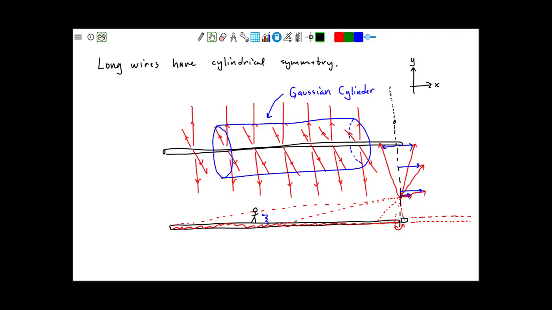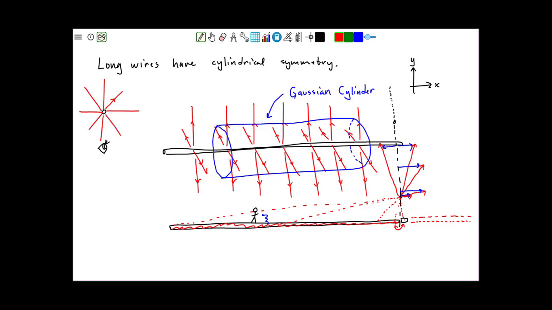So let's observe that cylindrical symmetry by looking from one end of the charge. If we are looking from that end, what we would see is the wire, and we would see that the electric field points radially away from that very long wire.